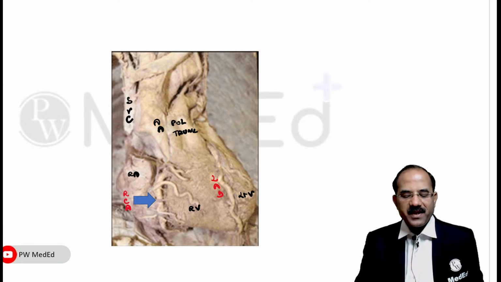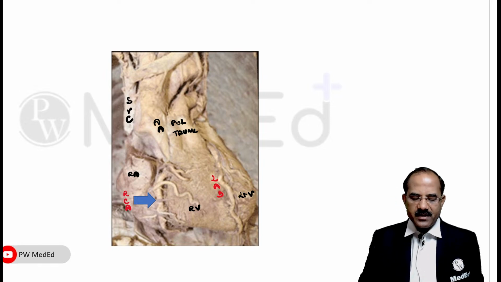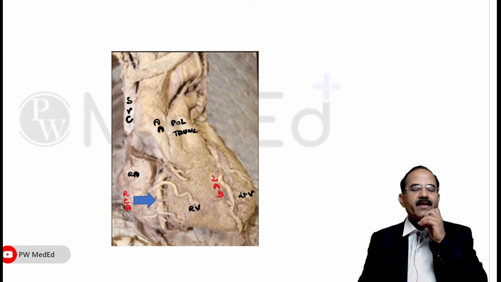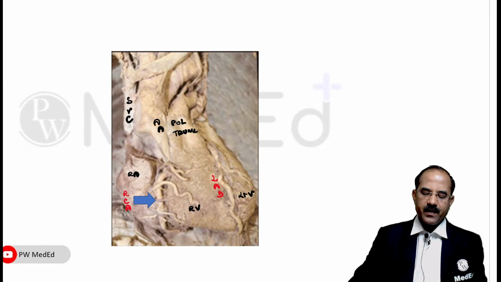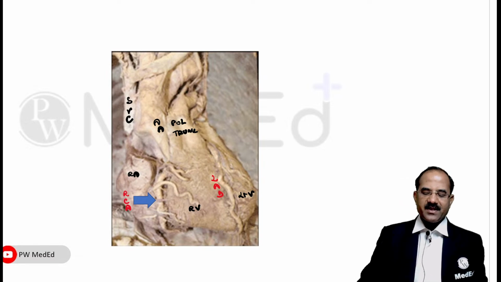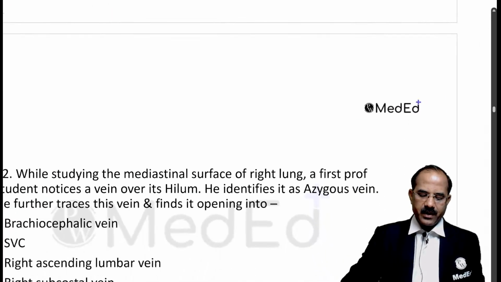Okay, fine students, very good. So the pointed structure is the right coronary artery, and I've labeled the rest of the things. Pulmonary trunk, ascending aorta, and the SVC.